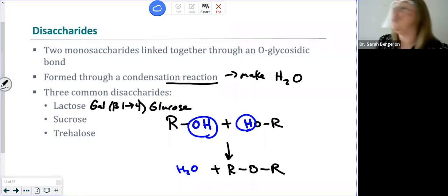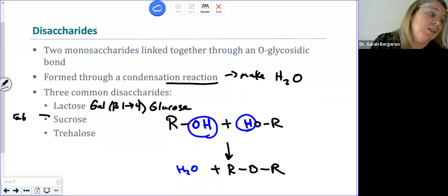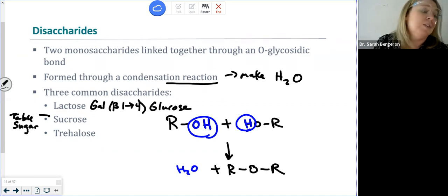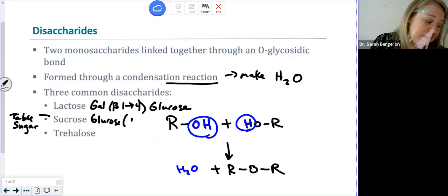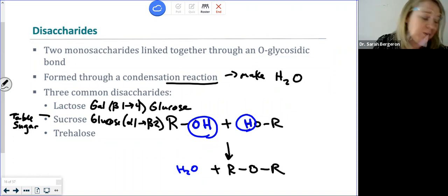Then sucrose. Sucrose is table sugar. If you're going to bake a cake, you're going to use sucrose. When you use sucrose, it's going to be glucose, in an alpha 1, beta 2 bond, to fructose.